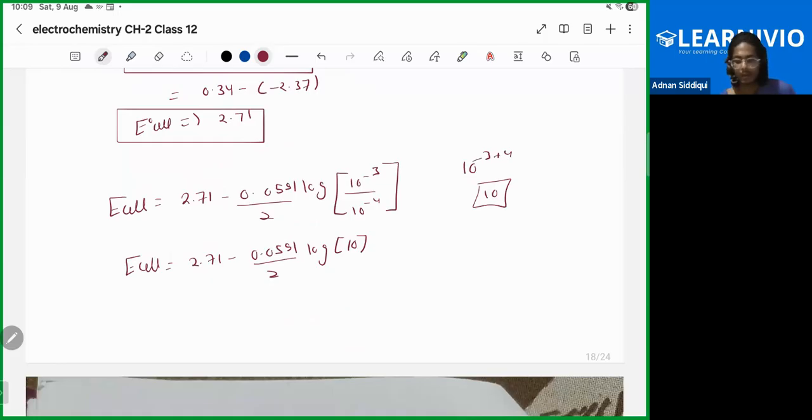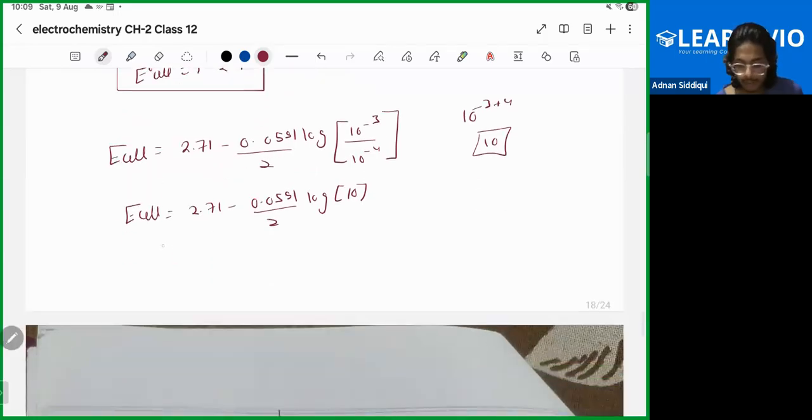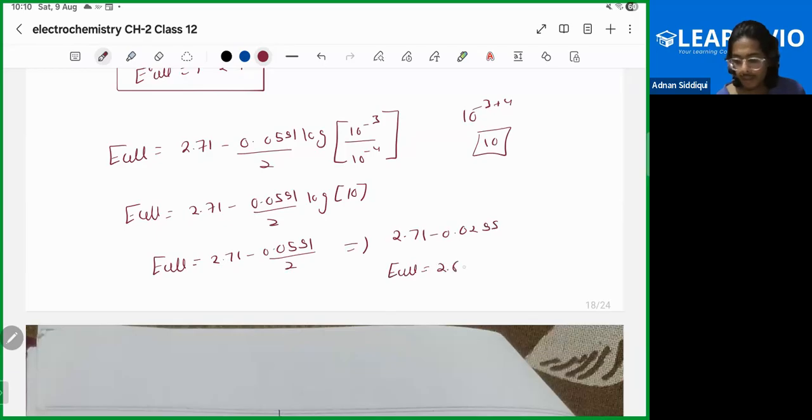So how much is log 10? 1. 0.0591 divided by 2. So after solving this, you are going to get 2.71 minus 0.0295, and the E cell value you are going to get is 2.68 volt. So that's how you're going to do the Nernst equation formula question.